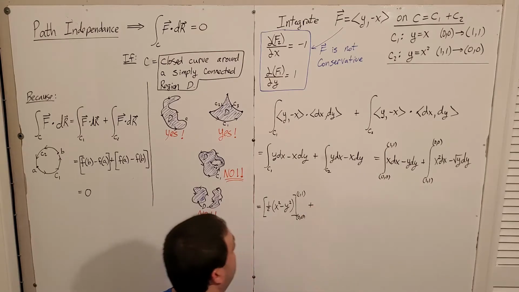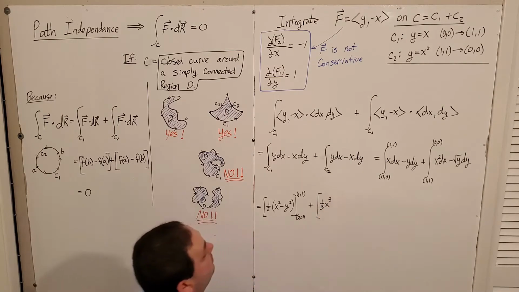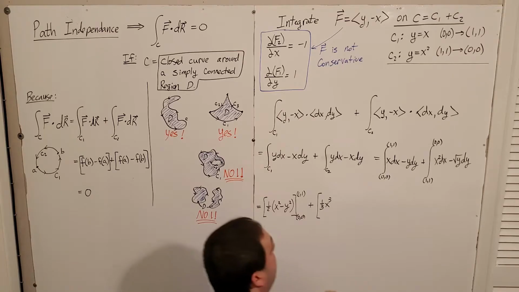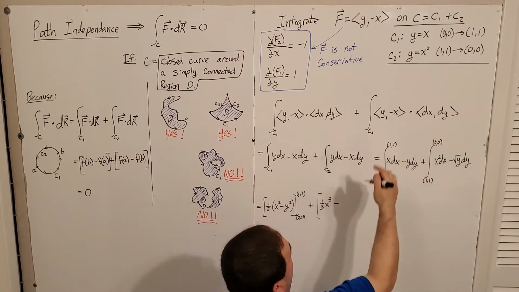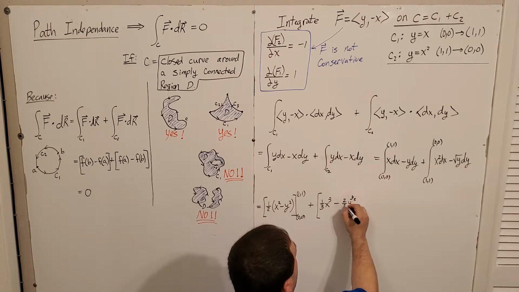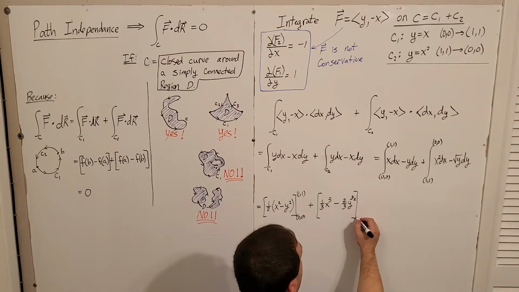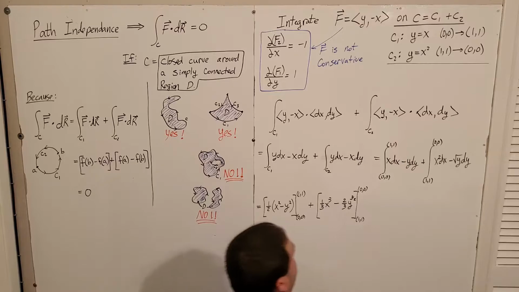Plus, the antiderivative now is going to be 1/3 x to the third minus, that's y to the 1/2, so then it goes up to y to the 3/2, times 2/3. And that's from 1, 1 back to 0, 0 again.